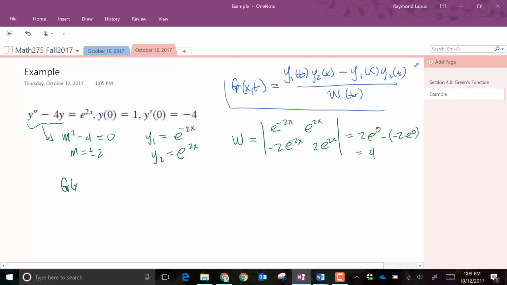So Green's function is equal to e to the negative 2t times e to the 2x minus e to the negative 2x e to the 2t, divided by 4.